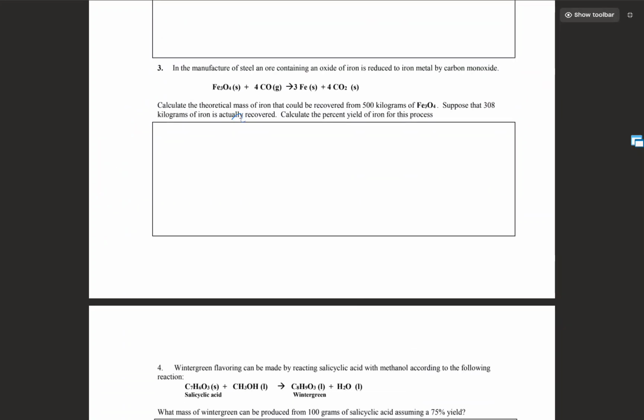Alright, for the next question, mass, molar mass, and ratio. We can plug in the ratio immediately. We are given: calculate the theoretical mass of iron that could be recovered from 500 kilograms.